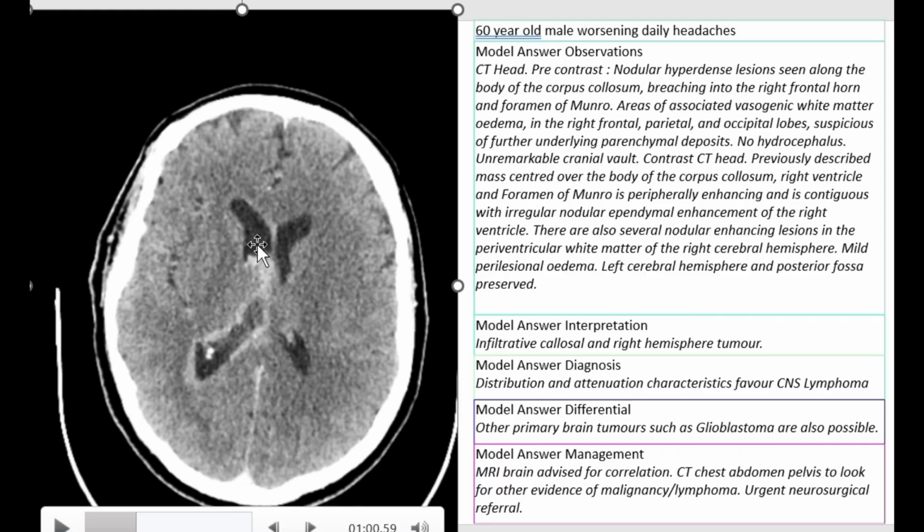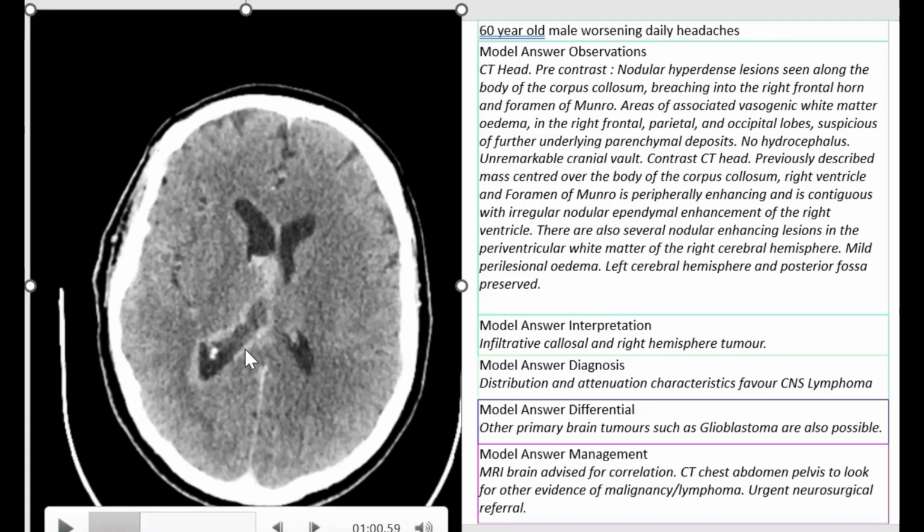These lesions seen along the body of the corpus callosum and reaching the right ventricle and the foramen of Monro are seen on the post-contrast CT scan in contiguous with enhancing ependymal nodules seen along the right lateral ventricle.